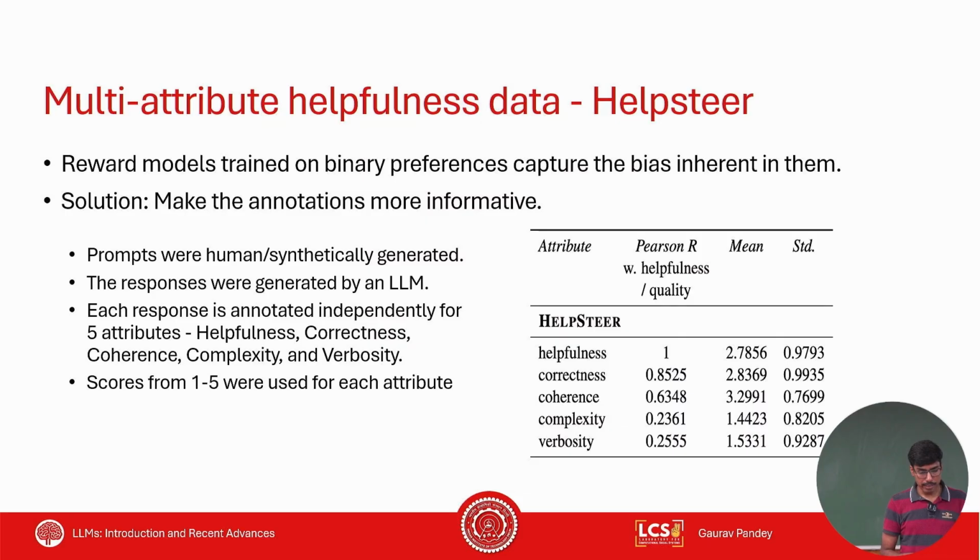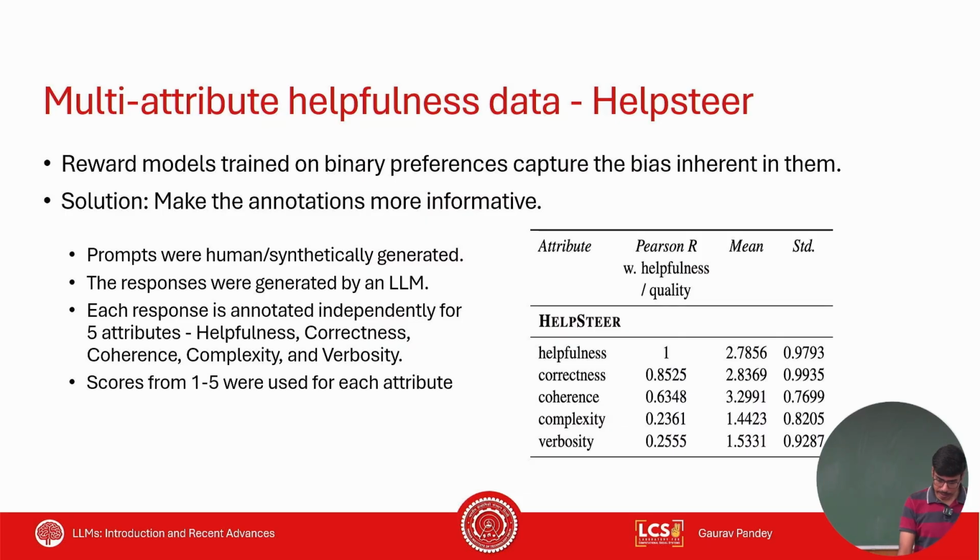And then they asked the annotator to give a score per attribute for the response. So they had 5 attributes: helpfulness, correctness, coherence, complexity, and verbosity. And they asked the annotator to give a score between 1 to 5 for each of those attributes.